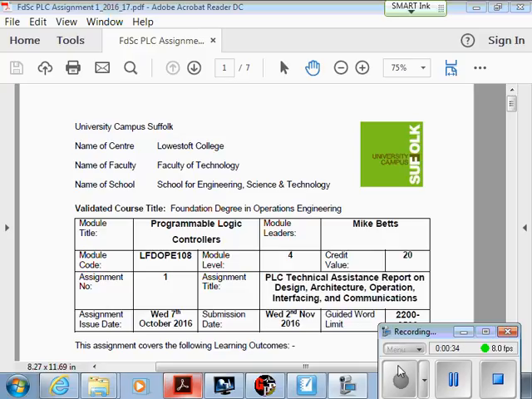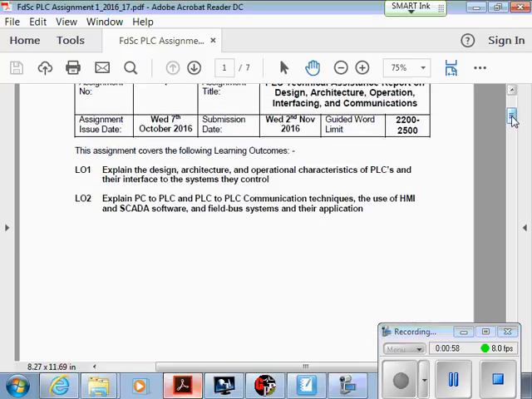I'll show you where the assignment is when I finish going through it, for the two new lads that haven't done that before. So this assignment is a technical assistance report around the design, architecture, operation, interfacing and communications with PLCs, and it covers those two learning outcomes at the bottom there, LO1 and LO2.